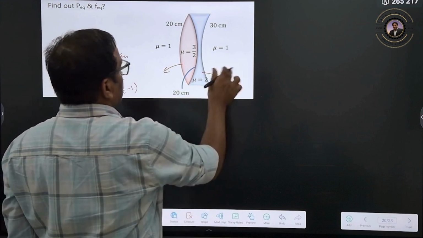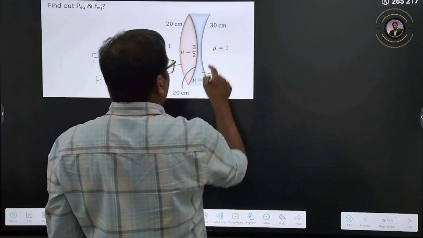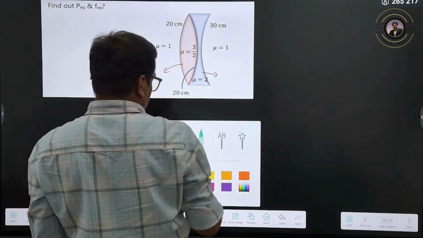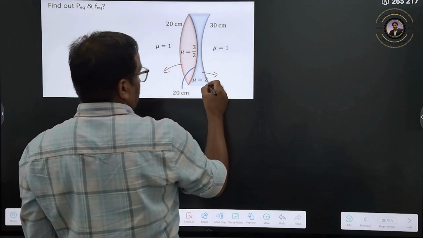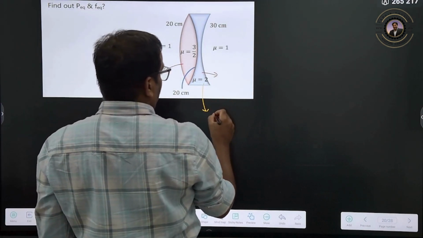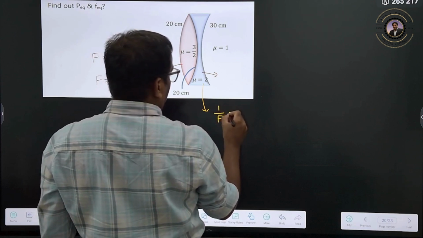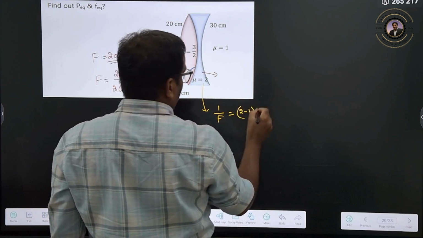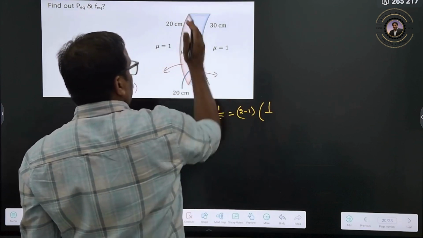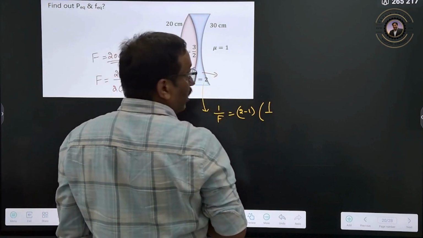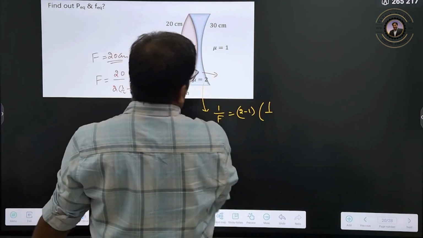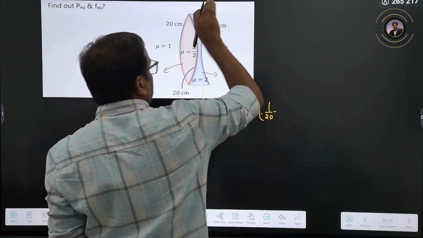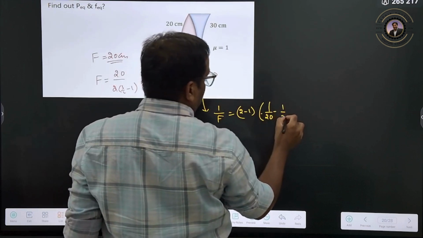And the focal length of this one will be different here, no? Why? Because here this side is 30, this side is 20. So I will find out the focal length of this second lens. So 1 by f will be equal to (refractive index 2 minus 1) into 1 by, this side negative, therefore minus 20, this side positive 1 by 30.